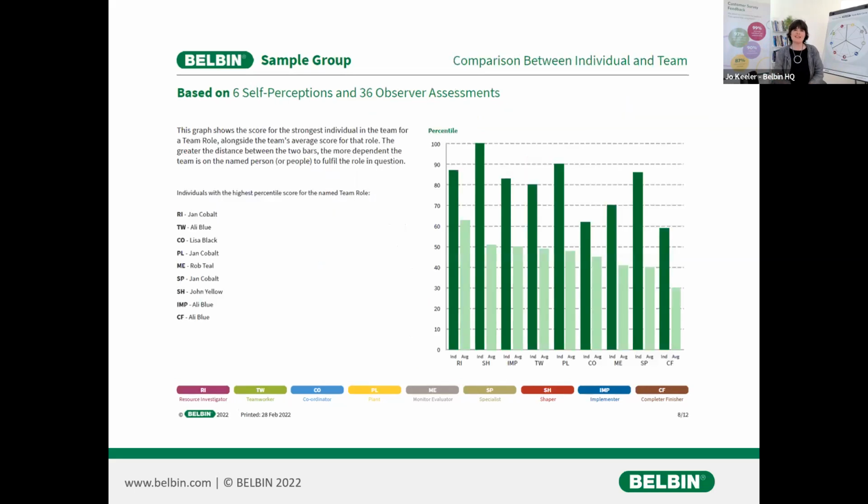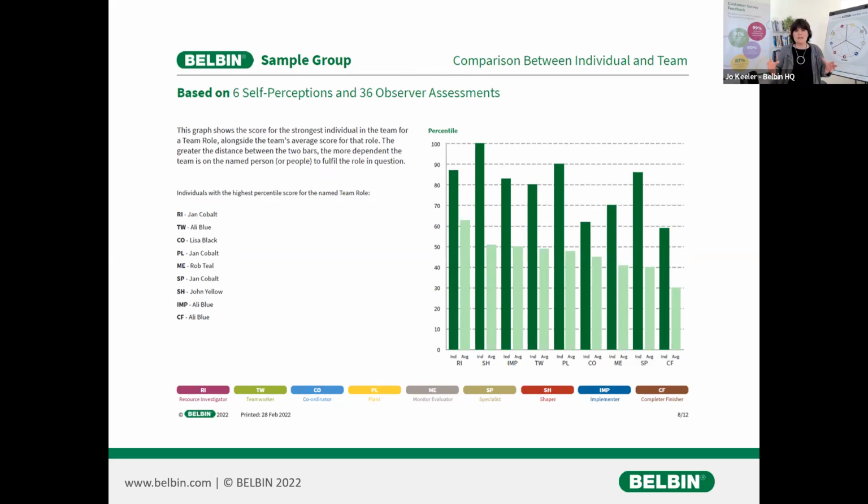The next page here is then giving you an idea of the average for that particular group of people. And when you're looking for a team, to get the highest performing team possible, you want there to be a dark green bar at 80 or above. So a strong example for each of those particular team roles. So when you've got everybody together and you're thinking, who can we choose here?